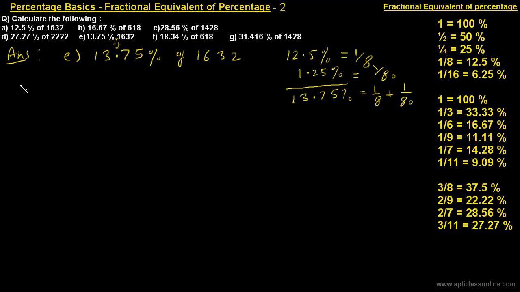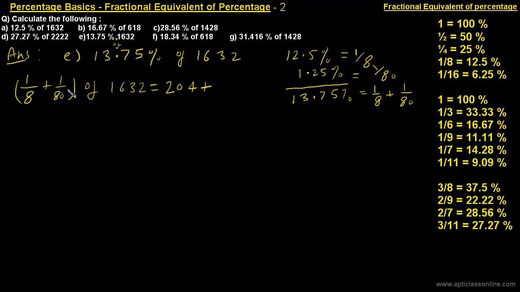Now this problem has become easier to solve. It is 1 by 8 plus 1 by 80 of 1632, which is very easy: 1 by 8 of 1632 plus 1 by 80 of 1632. The 1 by 8 of 1632 is 204, since 8 times 204 is 1632. Plus 1 by 80, which means this has again to be divided by 10.